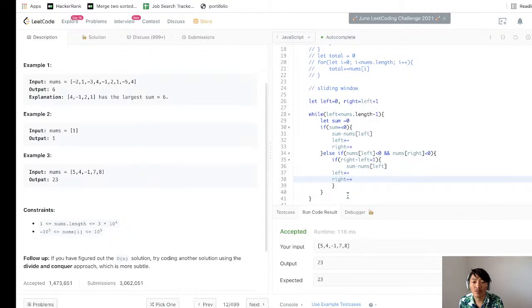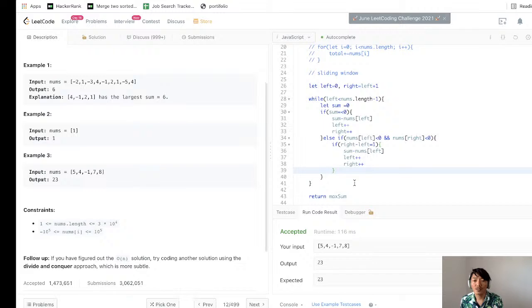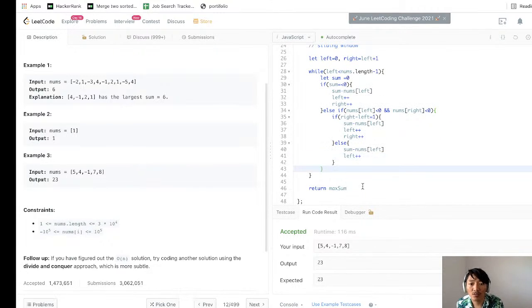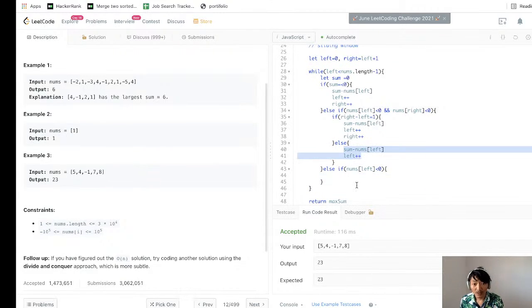We will increase both of them. And else, if it is not the case, then we will increase only this. And else if nums of left is less than 0, then we will only increase this, right?